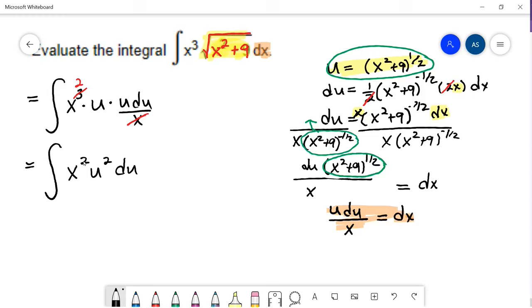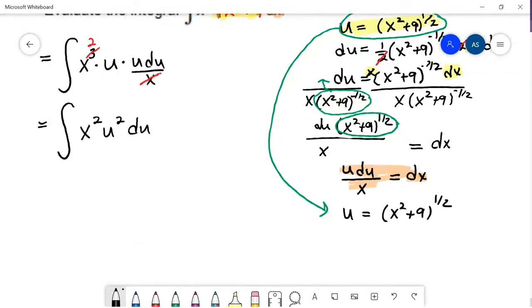So I'm going to make one more substitution, and I'm going to start with the original substitution that we made. u equals x squared plus 9 to the 1/2. I'm going to solve the equation for x squared.